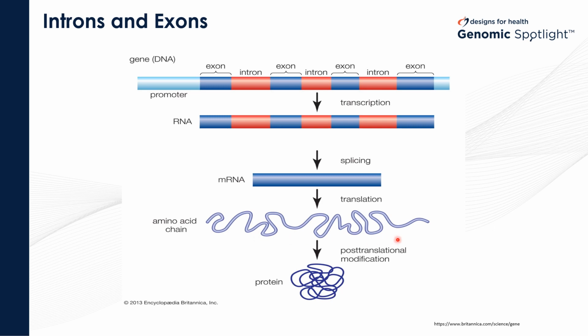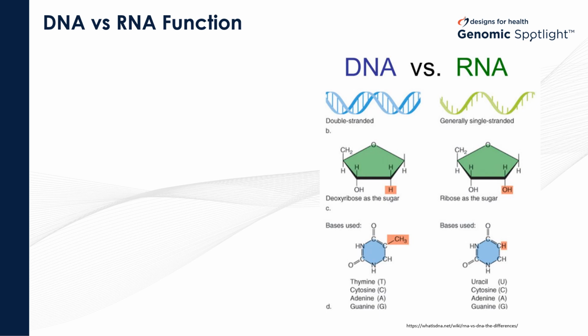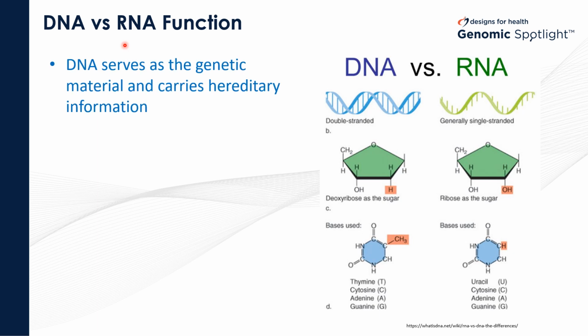Our cells have a very effective method of turning the information in our genes into functional products, usually proteins or glycoproteins. And this constitutes the central dogma of biology: DNA, RNA, functional proteins. There are small but important differences between DNA and RNA. DNA serves as a genetic material and carries hereditary information.